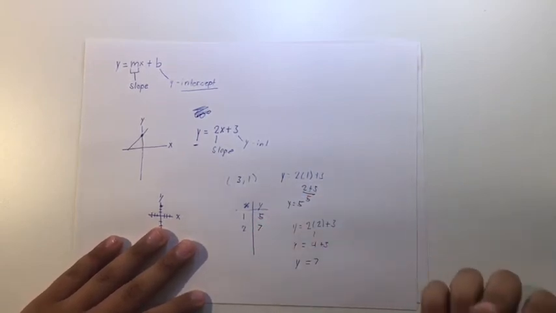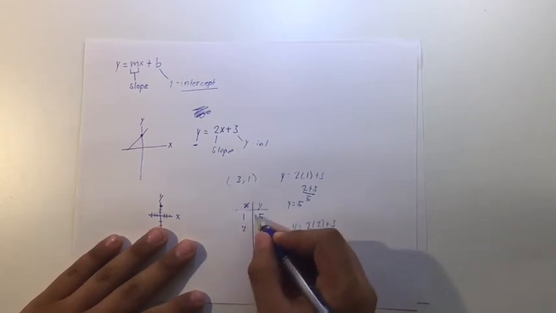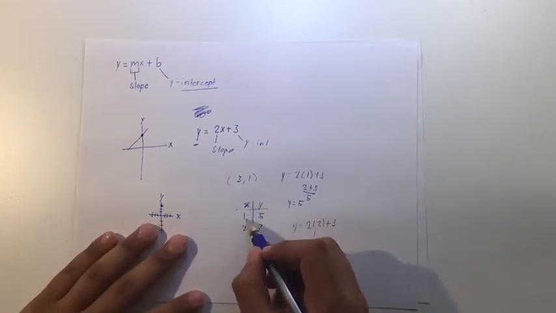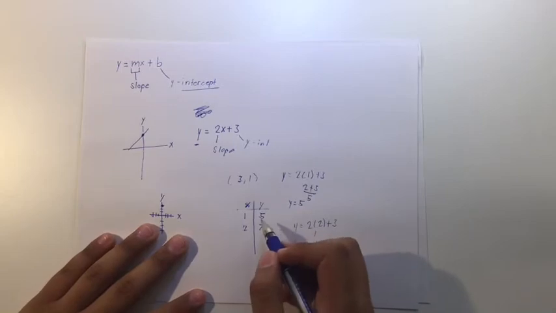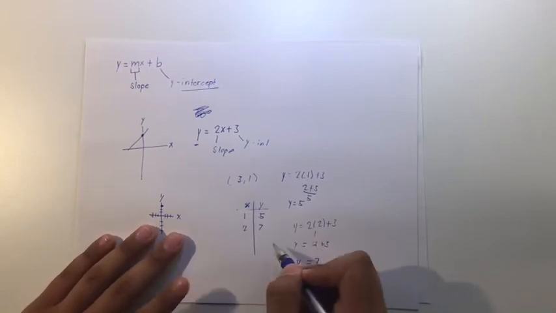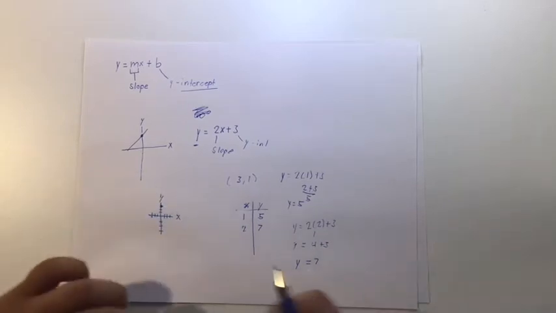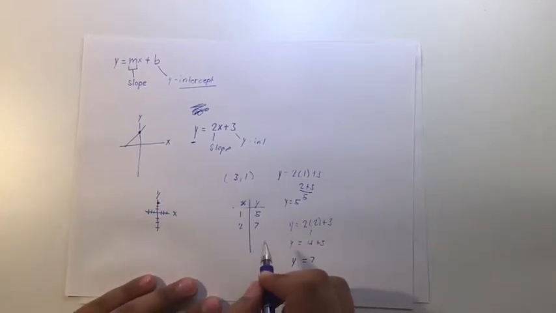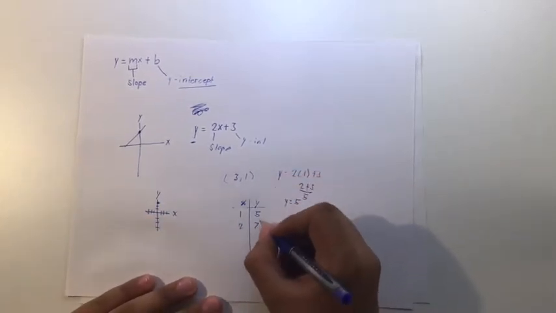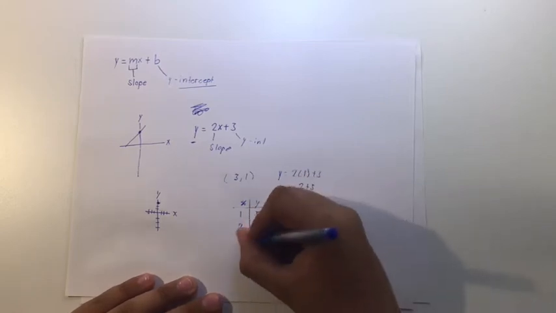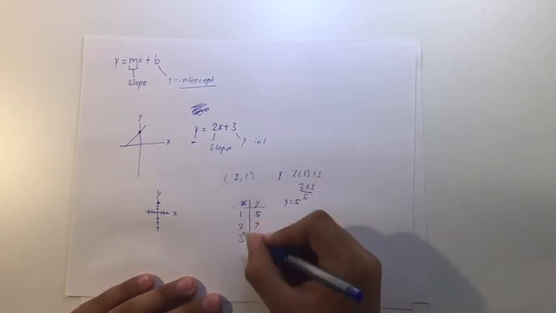So basically, when you have two pairs of coordinates, 1 and 5, 2 and 7, that's all you need to graph something. Just to make sure, we'll put 3 on the table.